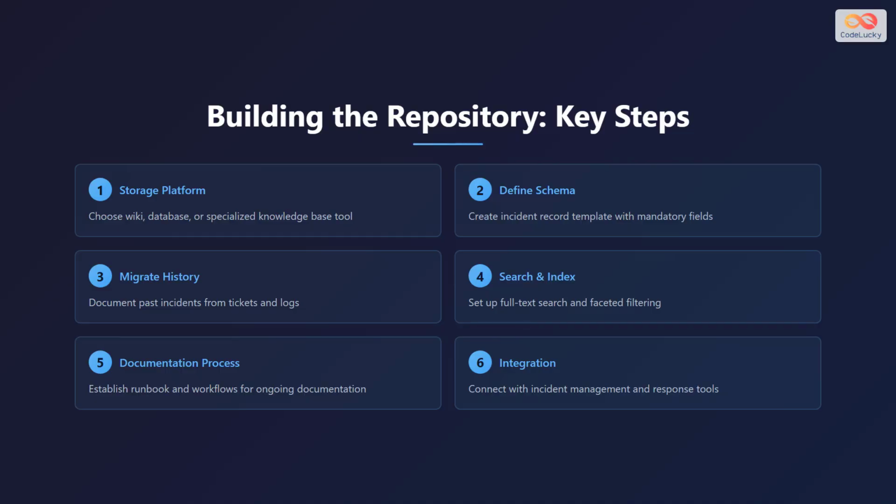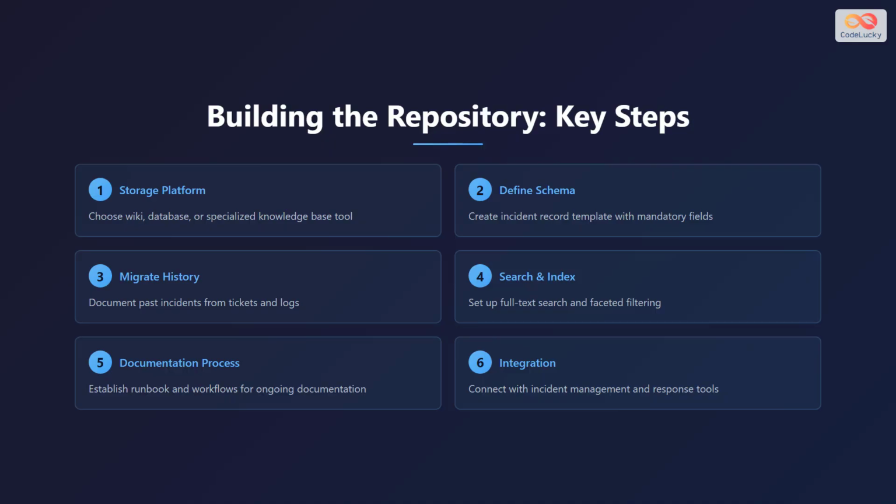Building a knowledge base follows a 6-step process. Step 1, choose your storage platform. Wiki tools like Confluence or Notion, a database, Git-based systems, or specialized knowledge base tools. Step 2, define your schema and standards. Create incident record templates with mandatory fields and enumerated values. Step 3, migrate historical incidents. Retroactively document past incidents from incident tickets, reports, and chat logs.